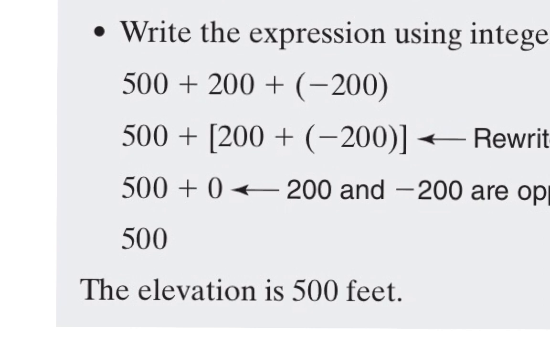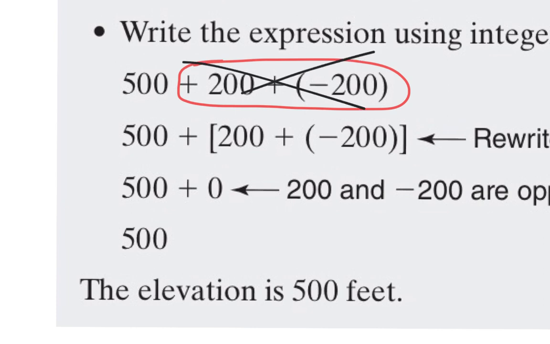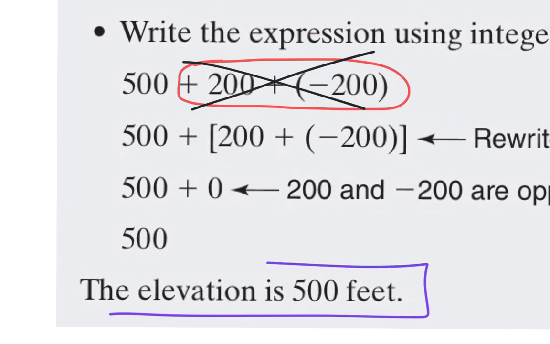And that's kind of what the book's doing here, is they put these brackets around the 200 plus negative 200, because when you add those together, that's going to add up to be 0, since those are opposites. You go up 200, you go down 200, you're back where you were. So those can just cancel each other out, and so you can see that their final elevation would be 500 feet.